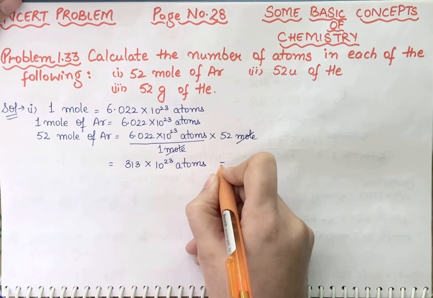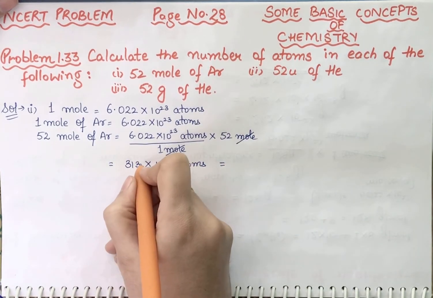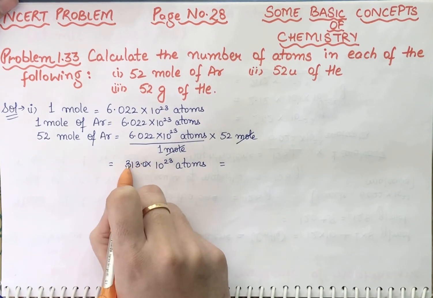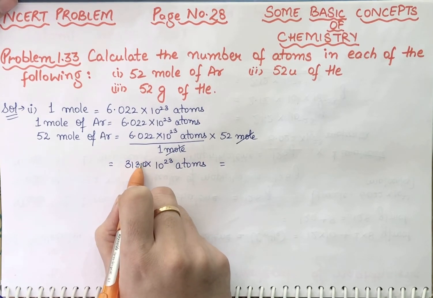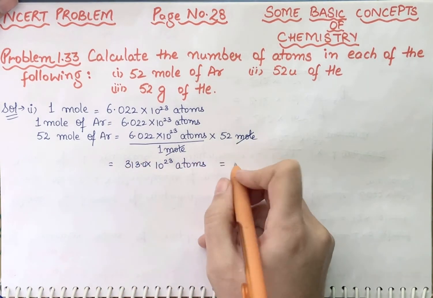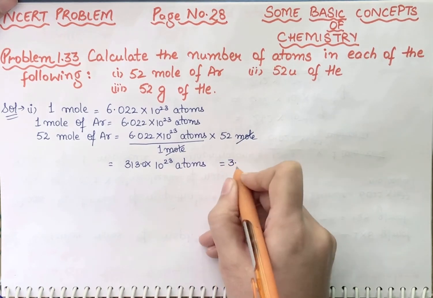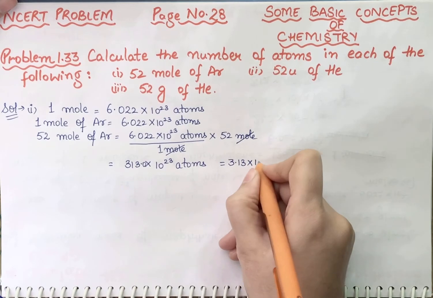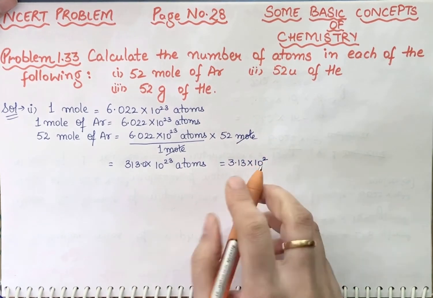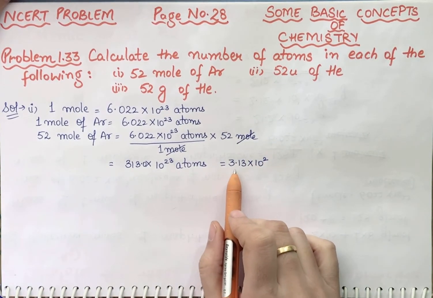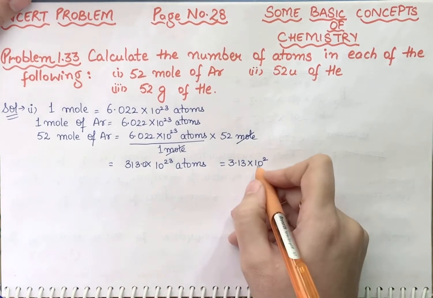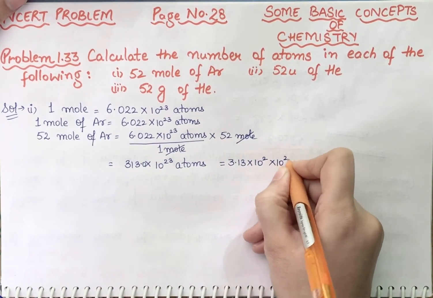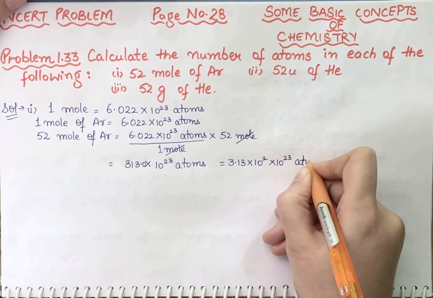Now let's simplify the value. I can assume that I have decimal over here. I want to move this decimal up to two places, from right side to left side. So if I'll write this value like this, 3.13 into, definitely I should write it as 10 raised to power 2. That means if I'll multiply 3.13 with 100, I'll get this value again into 10 raised to power 23 atoms, right?